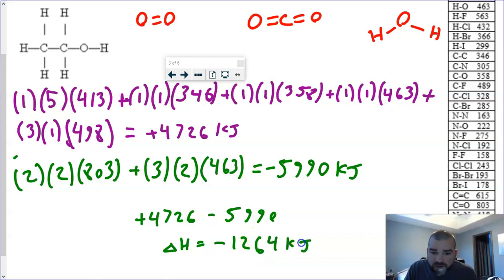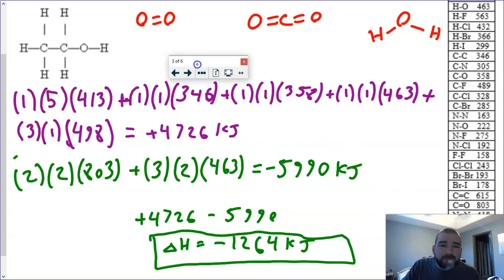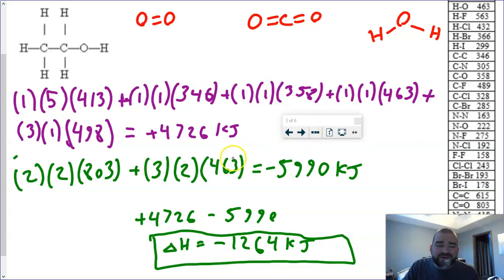Or kilojoules, I'm sorry. Let's try that. Whee! This is getting ugly. I hope you can read it. I'm obviously verbalizing what I'm writing too, so let's see if it's more difficult than a normal day. I hope we're not failing, crashing, and burning here. Anyway, so that's our final answer.